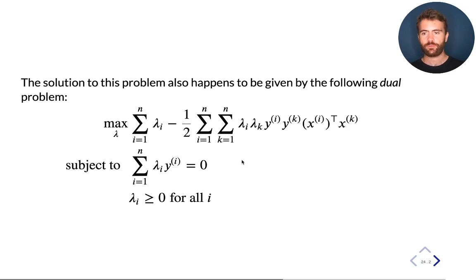So instead of solving the primal, we could be solving this dual as well. And this is another constrained quadratic optimization problem.